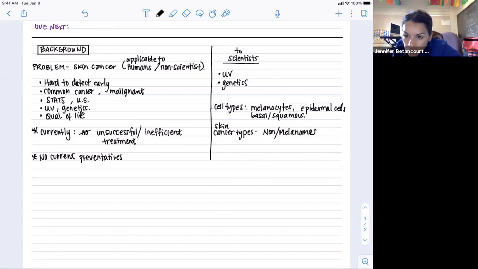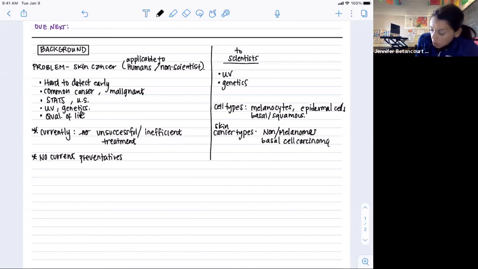Okay, so it looks like melanoma is the specific type that people are, oh, basal cell carcinoma. Most people are writing melanoma. Some people wrote basal cell carcinoma. They're both skin cancer types. So you as a team have to decide what kind of cancer you're going to focus your proposal around.